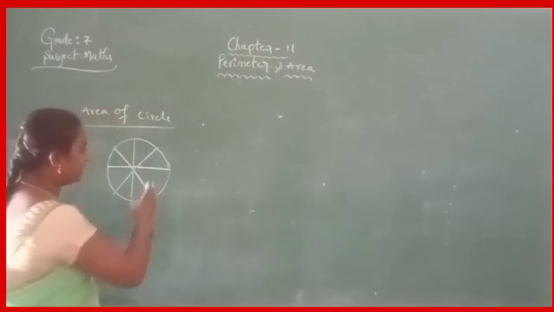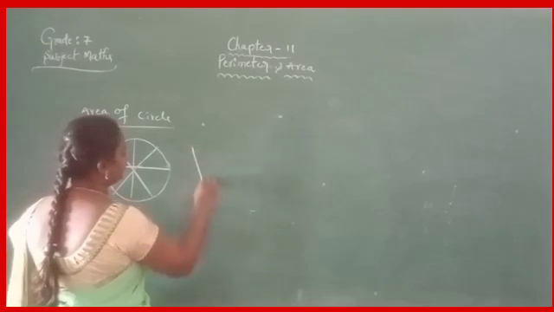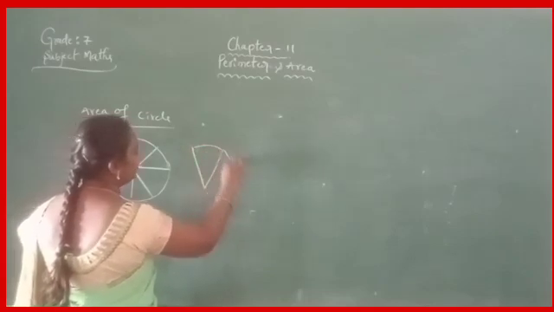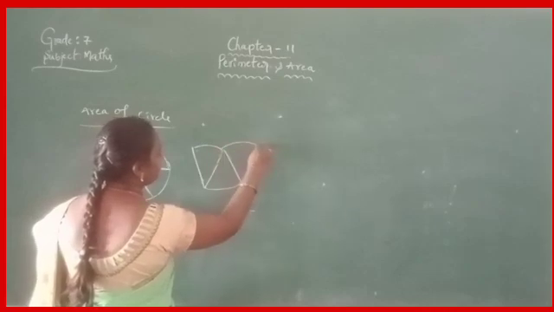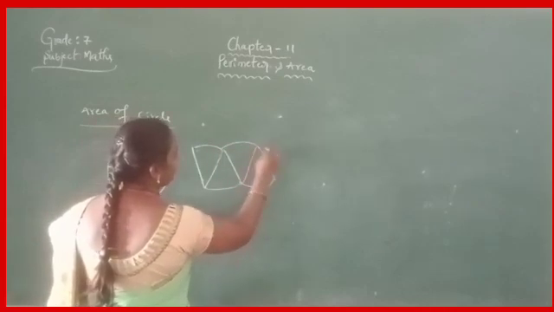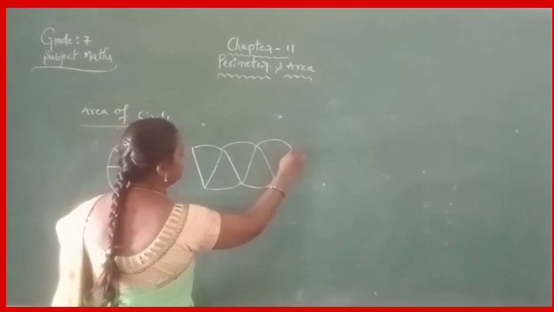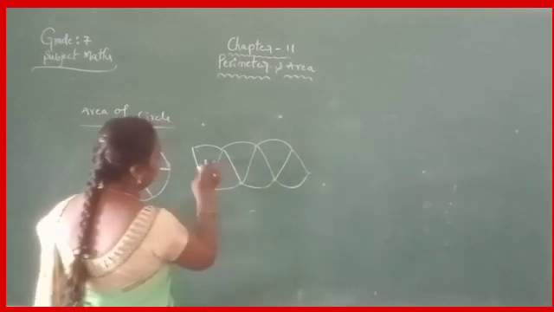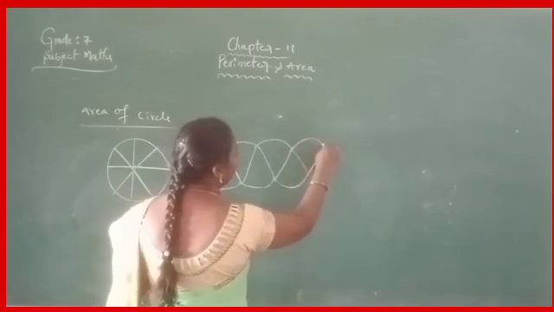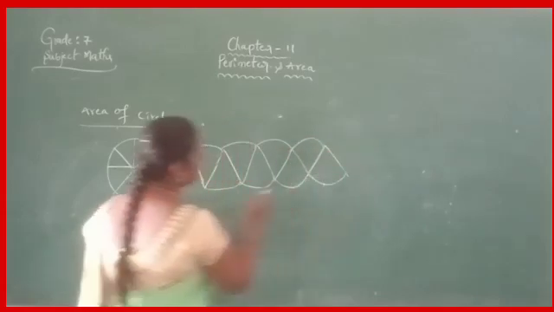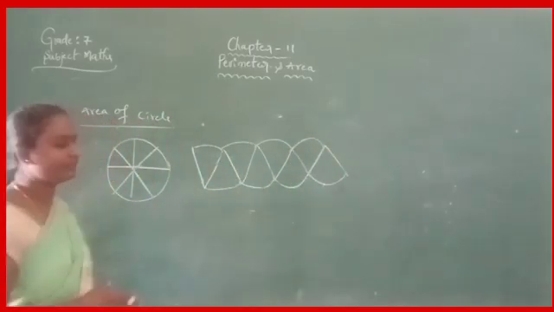Next take each part and arrange each part like this. So there are 1, 2, 3, 4, 5, 6, the 7th part and 8. These are all the pieces of a circle.